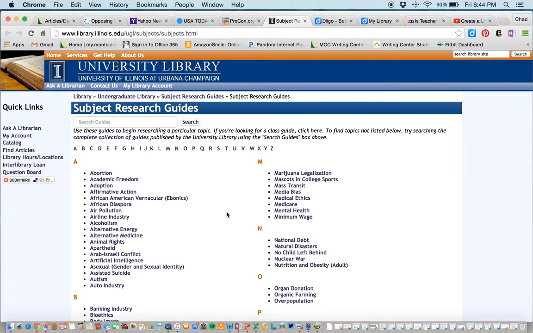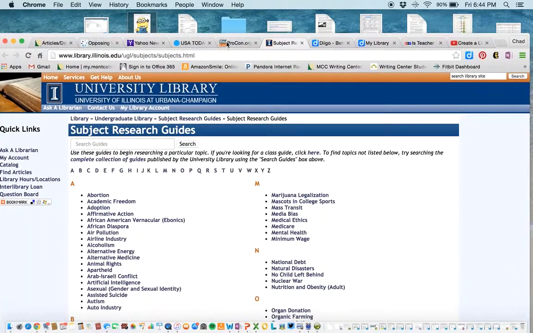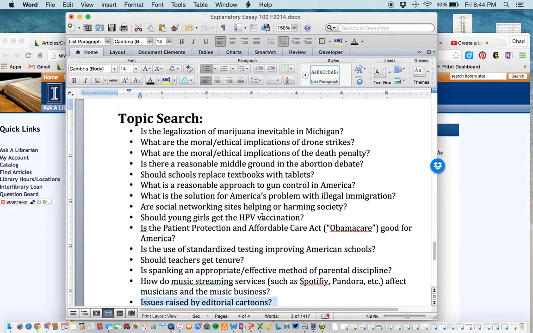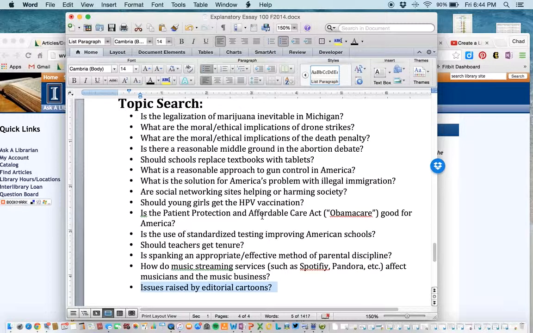Okay? And so what I want you to do is to be thinking about this paper and to be thinking about topics that you think will work for you or could potentially work for you, and to come up with a list similar to the one that I showed you. If I can find that document again, right here. And we should have a list of 8 to 10 topics.